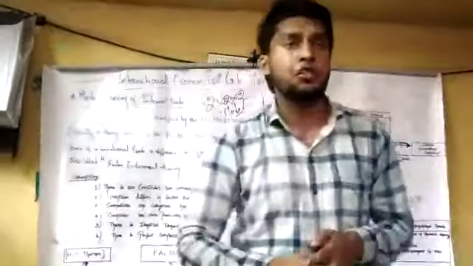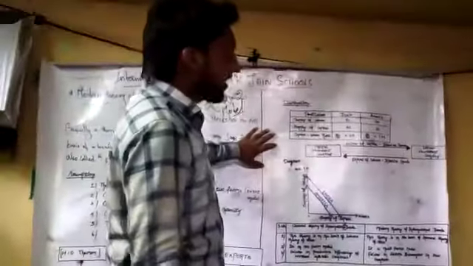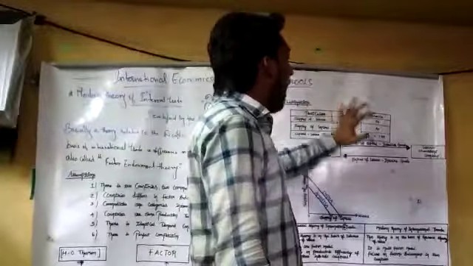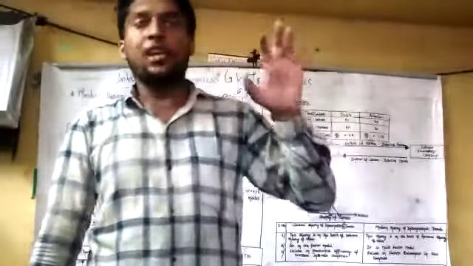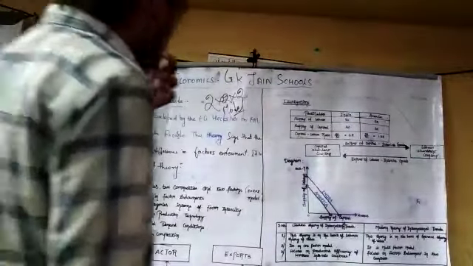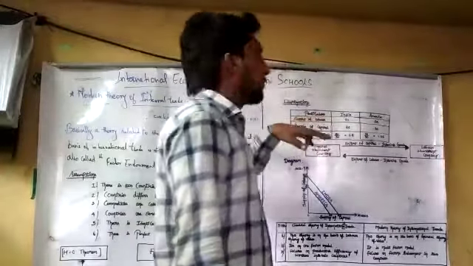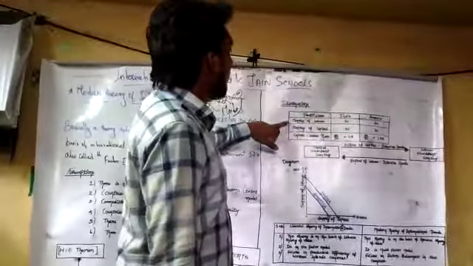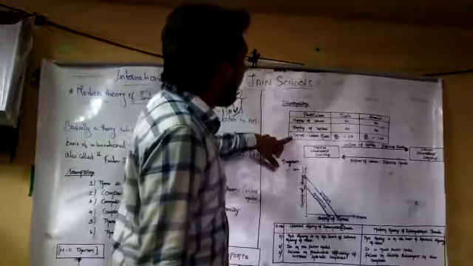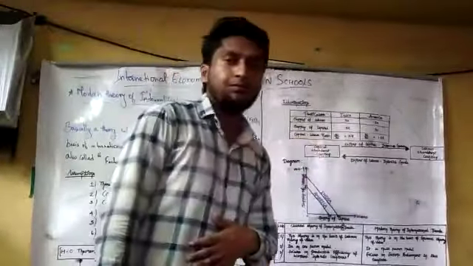Let's see one illustration. With the help of that, we can understand in a simple way how this theory of international trade plays an important role. We have taken the example of particulars. In particulars, we have three things: supply of labor, supply of capital, capital-labor ratio.